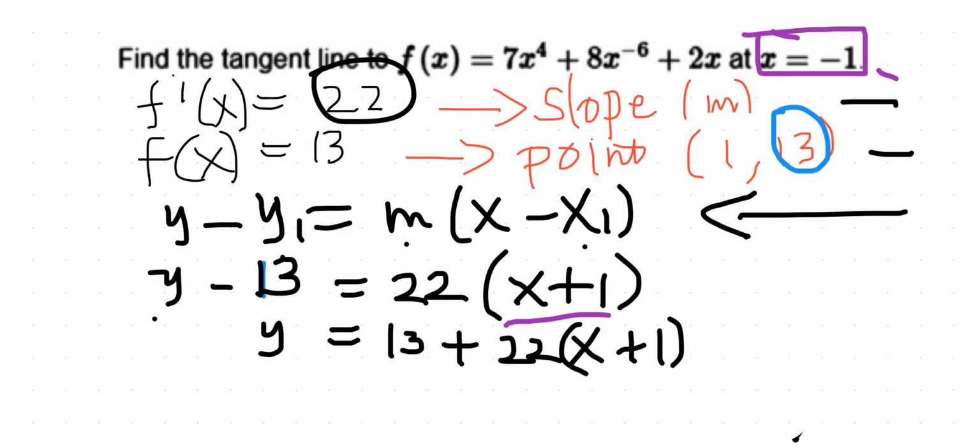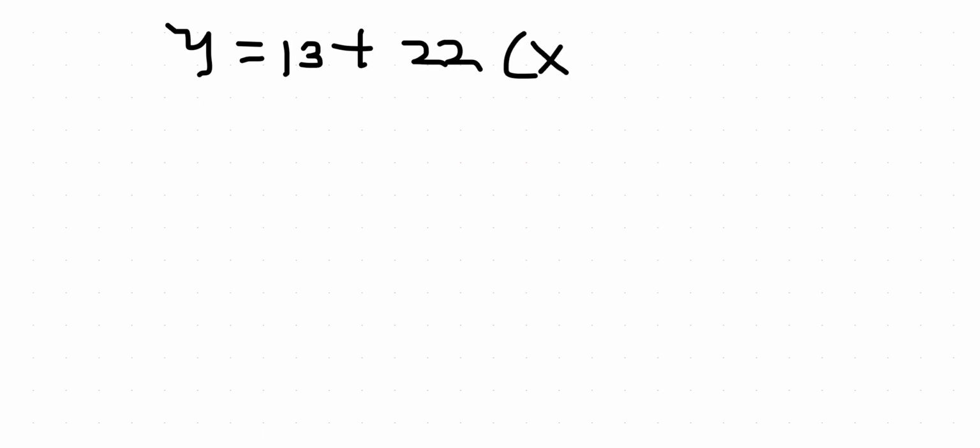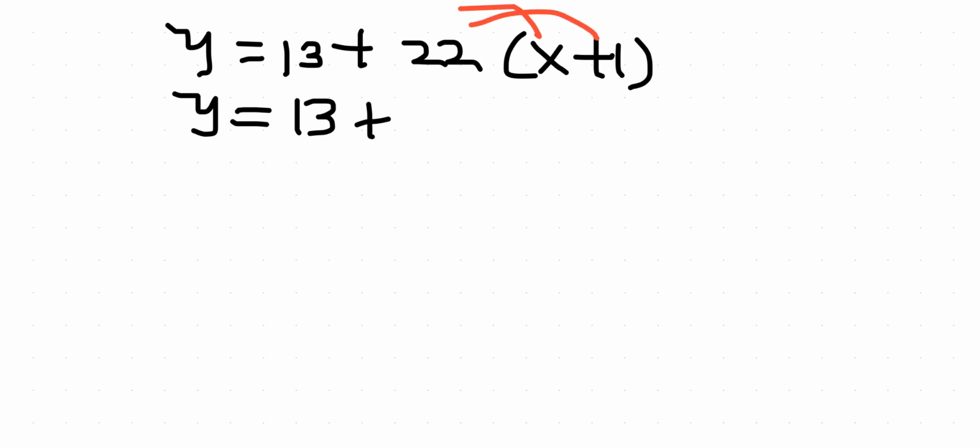Okay? Now, let's go to the next page. Copying y is equal to 13 plus 22 times x plus 1. We can now have the equation of a line. Equation of the tangent line specifically at x equals -1. 13 plus, so we distribute. Be very careful with this, because remember, you have to give it to this too. 22x plus 22.